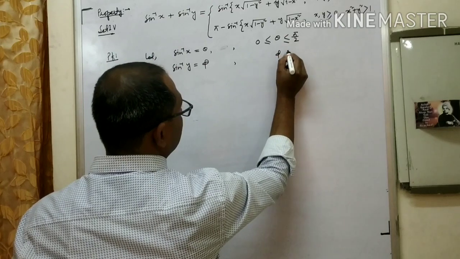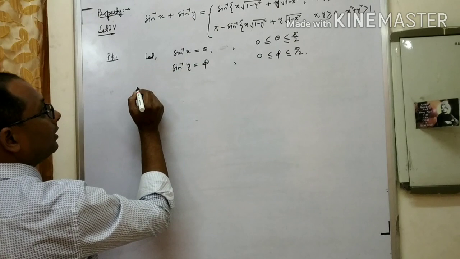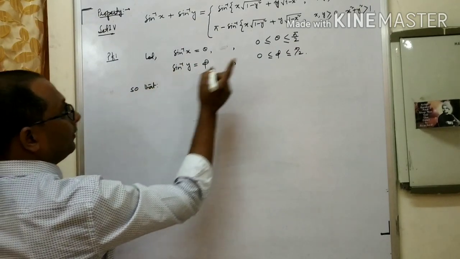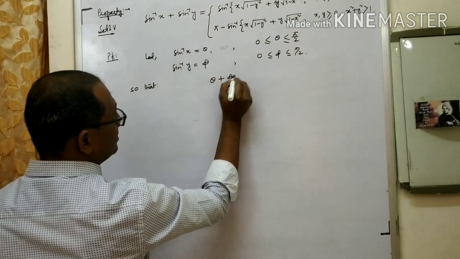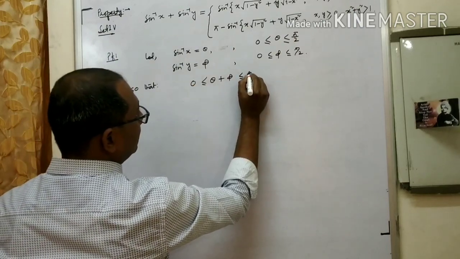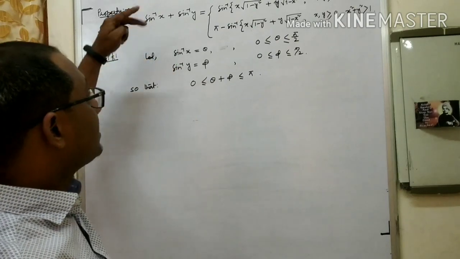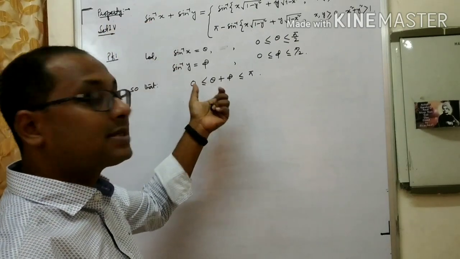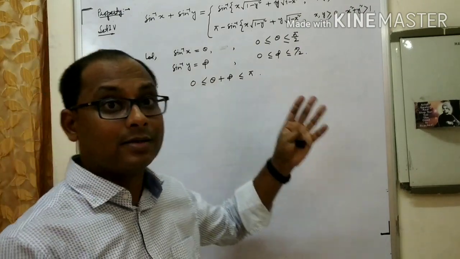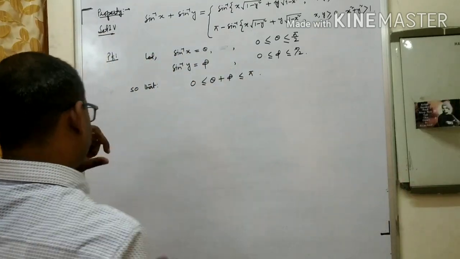Similarly phi is also lying between 0 to pi by 2. So if I find where theta plus phi lies, simply adding, theta plus phi is lying between 0 to pi. Again, we are working with sine inverse, and at some point sine inverse of theta plus phi will come. So it is coming in 0 to pi, and sine inverse will have two values. So both the values we have to consider.